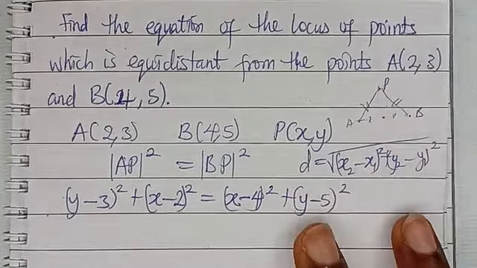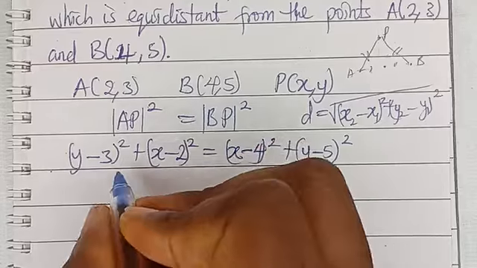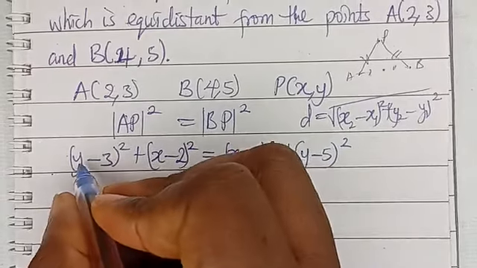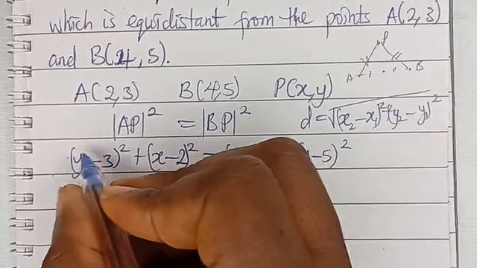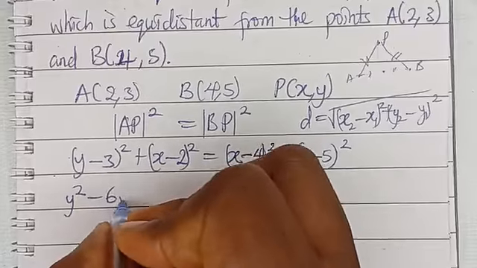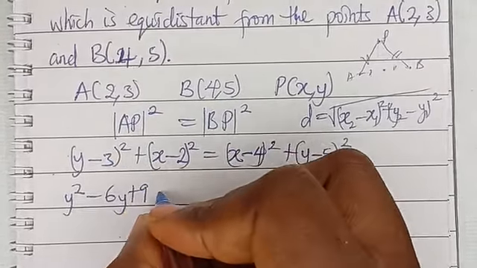Okay, let's expand the brackets. And in expanding, there is a quick way of expanding. So y squared, 2 times minus 3 times y is minus 6y, and then minus 3 squared is plus 9.